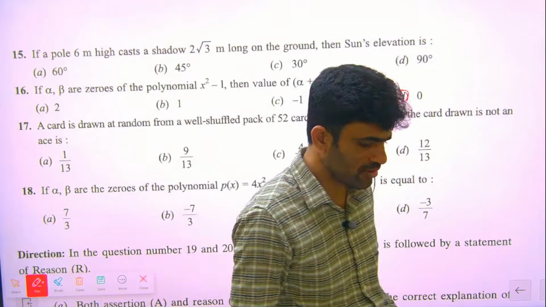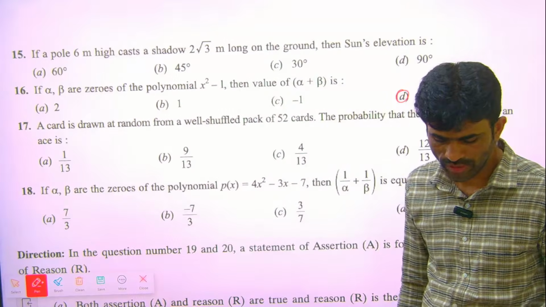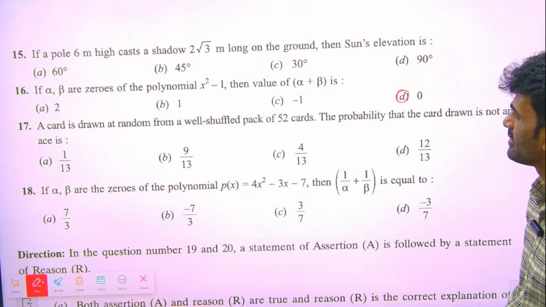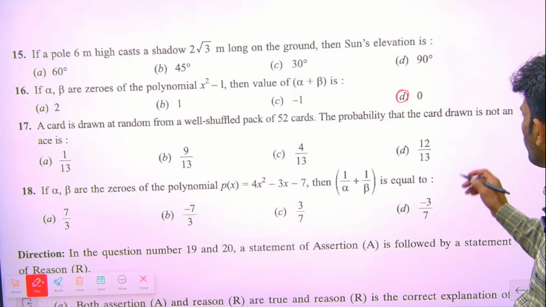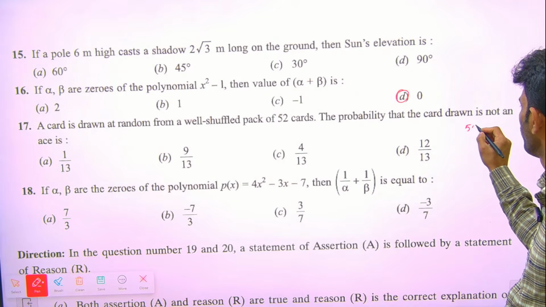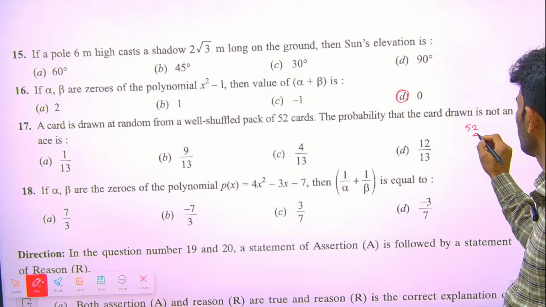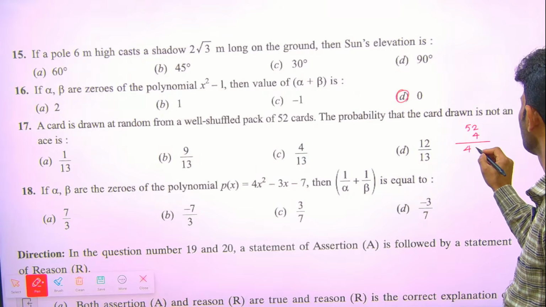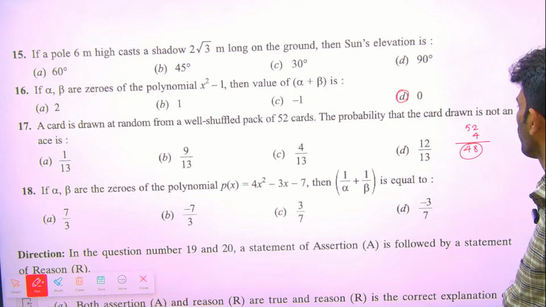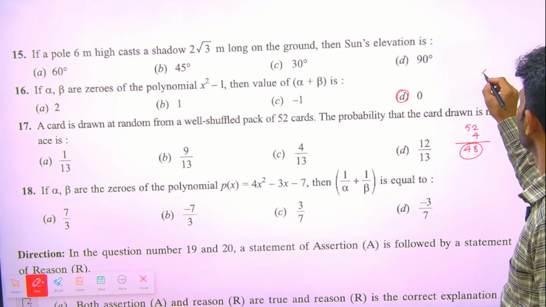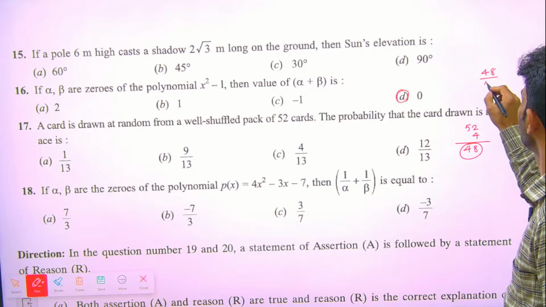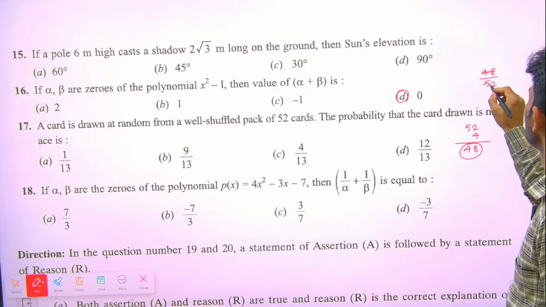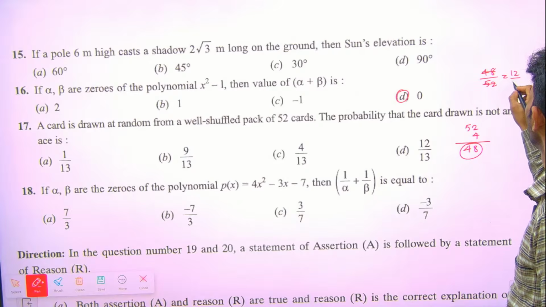How many cards are there? Total 52. From that you have to subtract all ace. Total number of cards 52. Ace cards are 4. You want which are not an ace. So cards which are not ace are 48. The probability is going to be 48 by 52. After cancellation, 12 by 13.